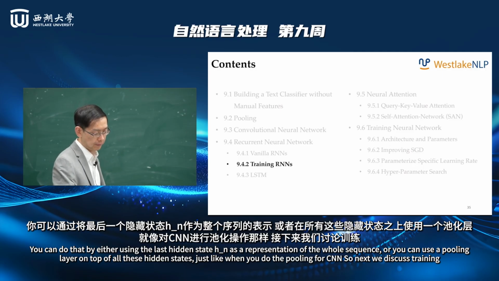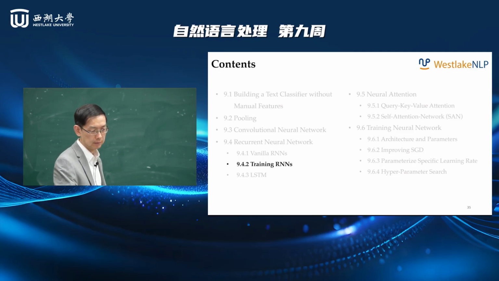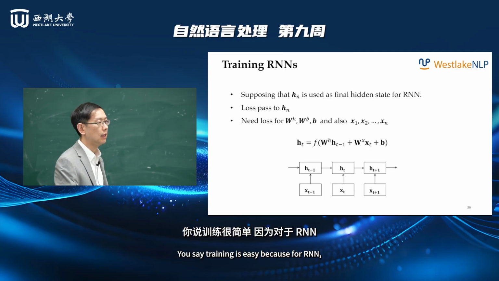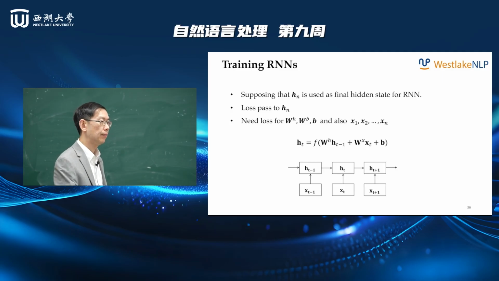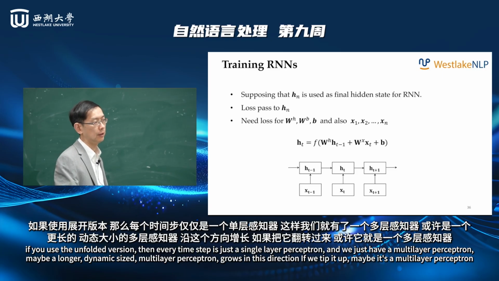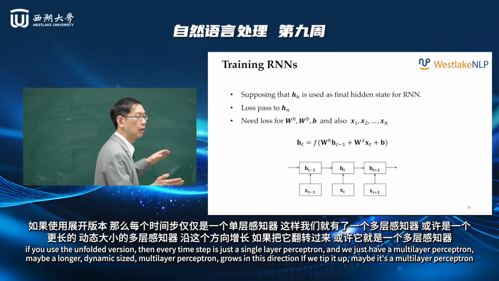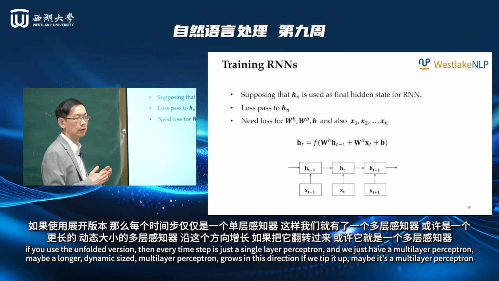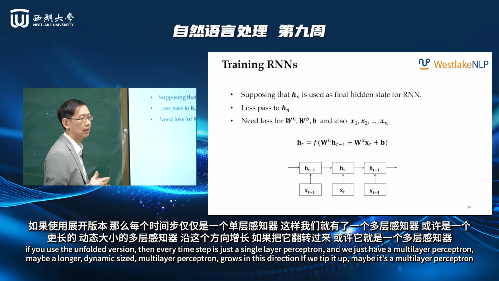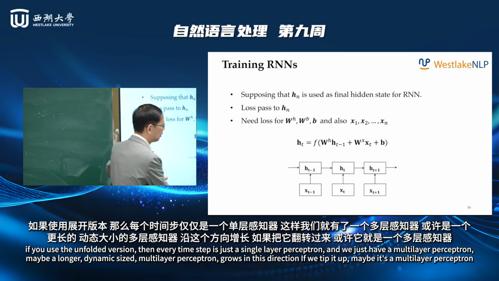So next we discuss training. You say training is easy because for RNN, if you use the unfolded version, then every time step is just a single layer perceptron, and we just have a multi-layer perceptron, maybe a longer, dynamic-sized multi-layer perceptron, in this direction.